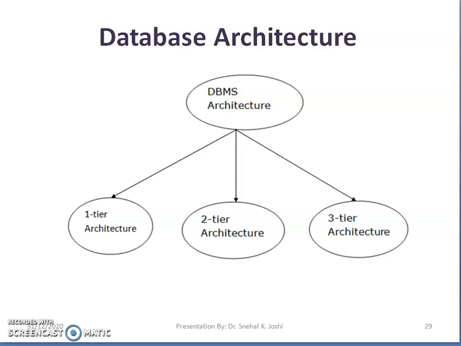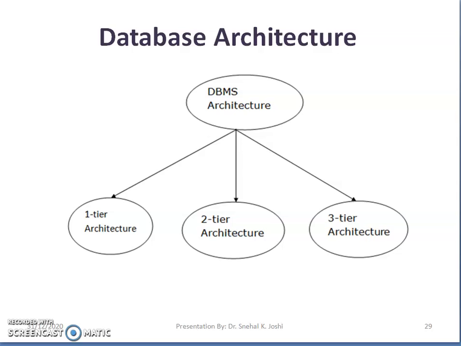DBMS architecture depends upon how users are connected to the database to get their requests done. There are three types of database designs or architecture. First one is 1 tier architecture, second is 2 tier architecture, and third one is 3 tier architecture.